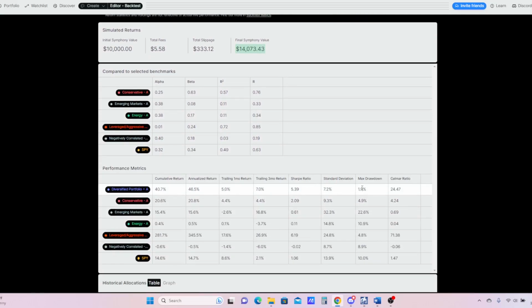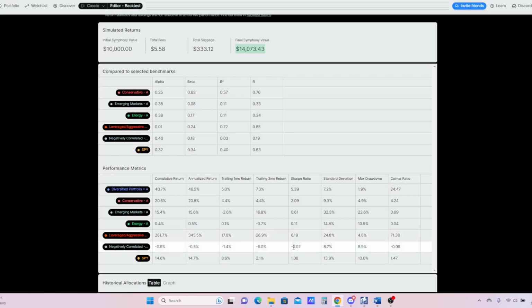And then if you look at the max drawdown for the whole portfolio, it's 1.9%, which is actually the lowest drawdown out of all of these. And that's kind of the point. Sharpe ratio 5.39, which is super high. It's higher than all of the individuals except for the leveraged aggressive one.